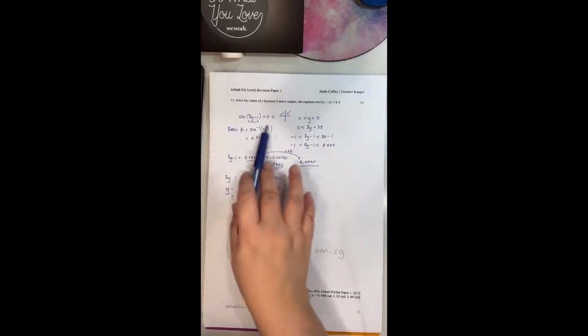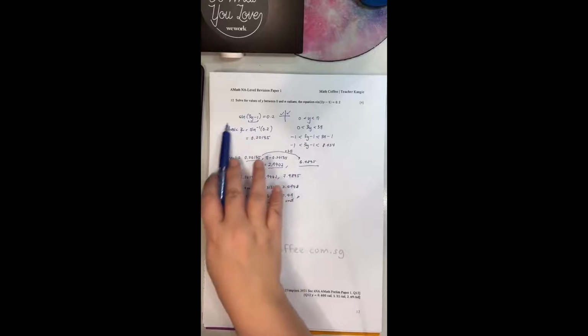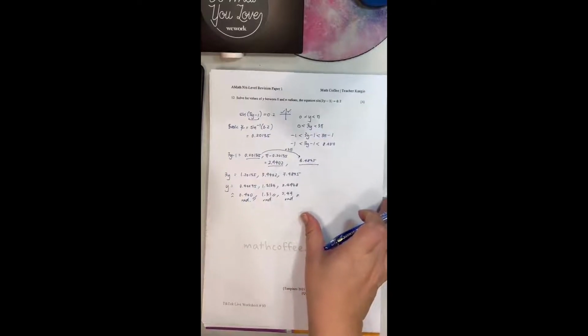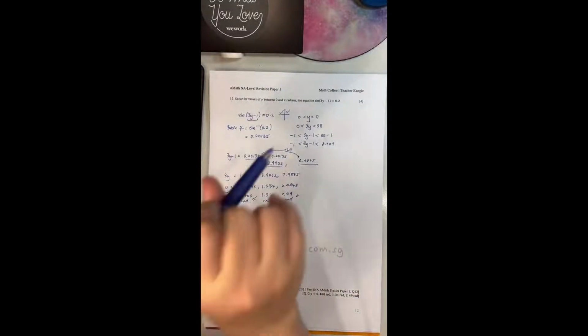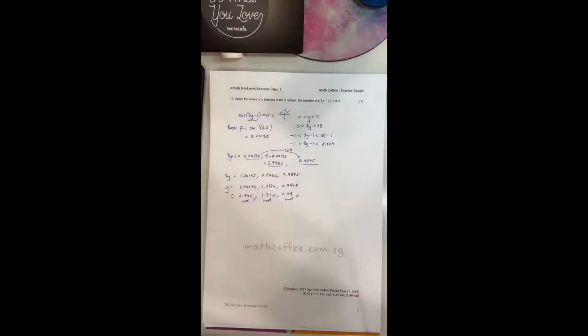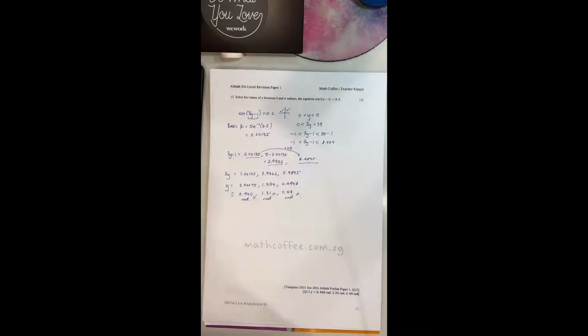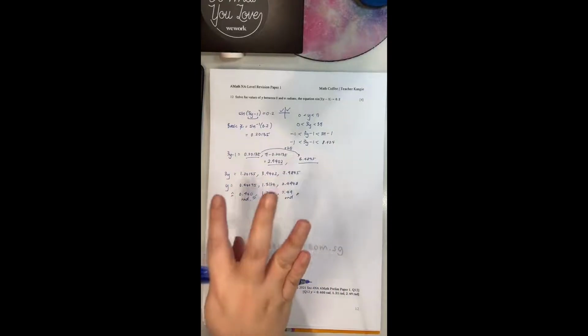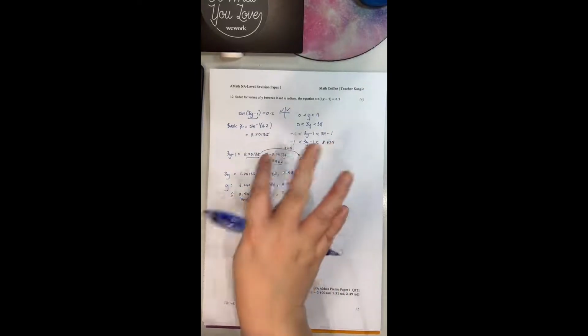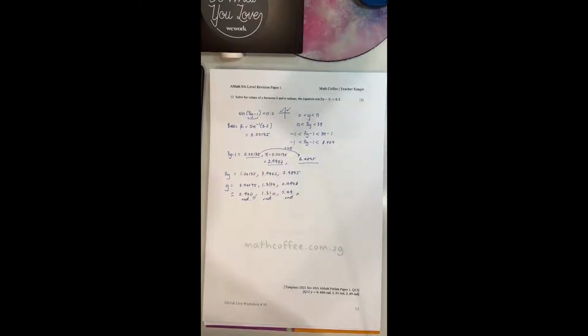You need to be in radian mode. There's no negative value because the value that I get will be out of the range. Okay?